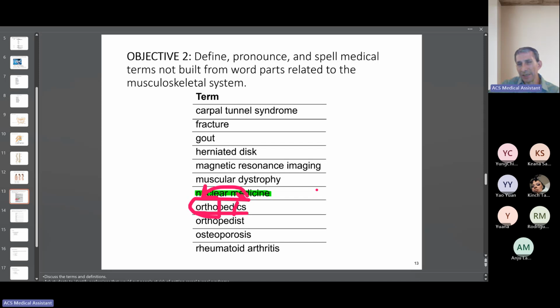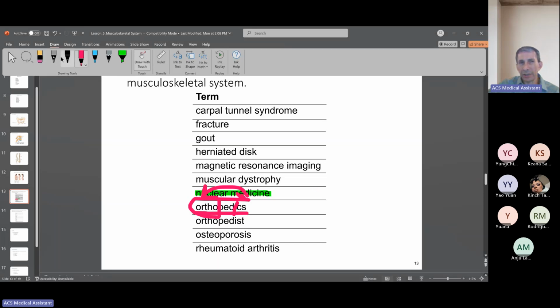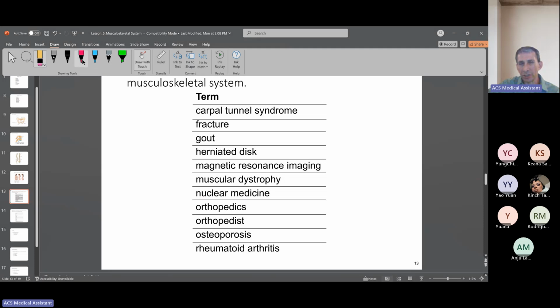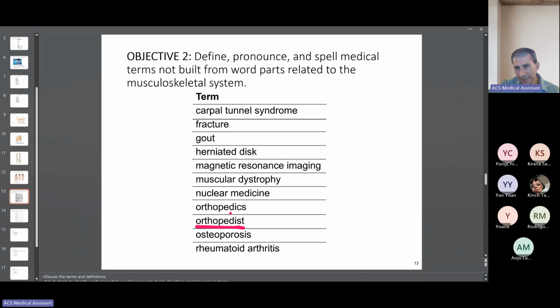So that is basically what it means, orthopedics. When you are sent to the orthopedic doctor, that is called an orthopedist. Right here, the next one. Orthopedics, pertaining to; orthopedist, that is the suffix, the specialist.